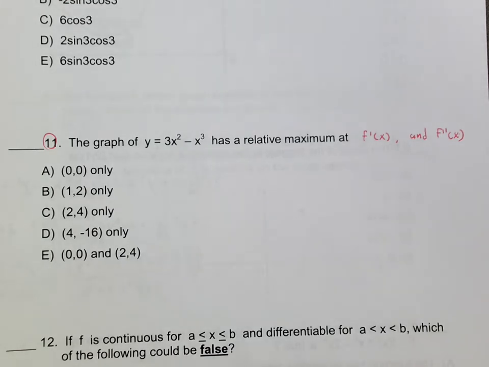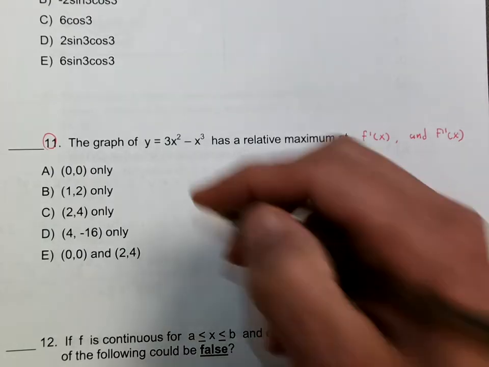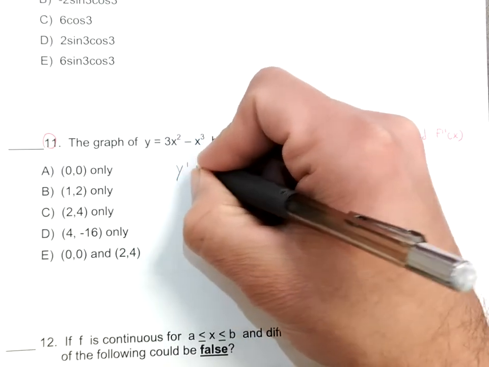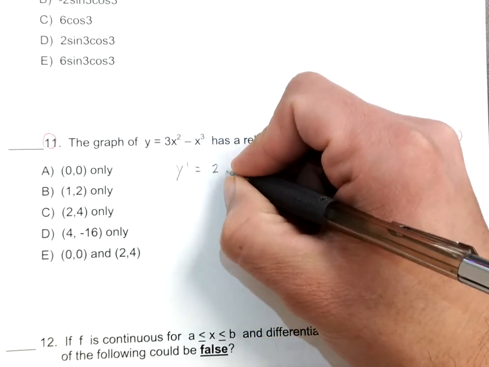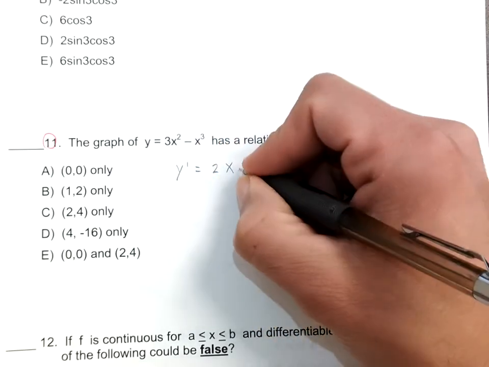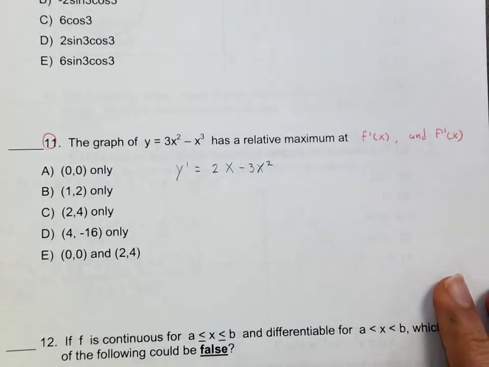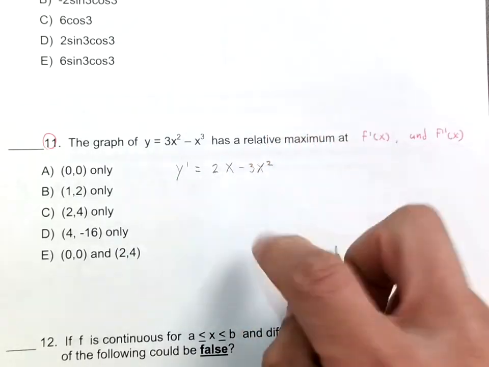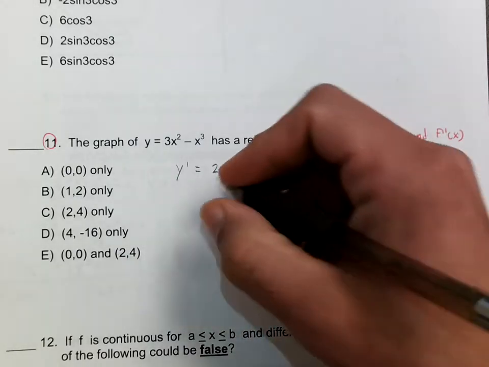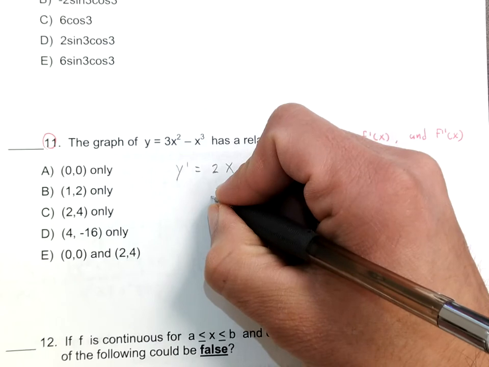So in this one right here, number 11, you can do it many other ways, but what I'm going to do here is, it wants to know where the relative maximum is. So the first thing we have to do is take the derivative of this, which would be 2x minus 3x squared. To figure out my max or min, I need to set this equal to 0.